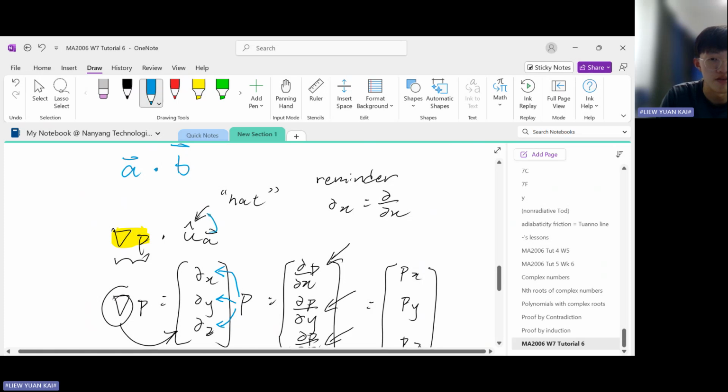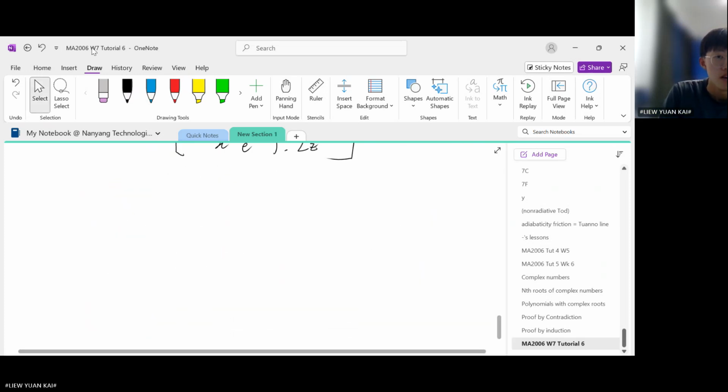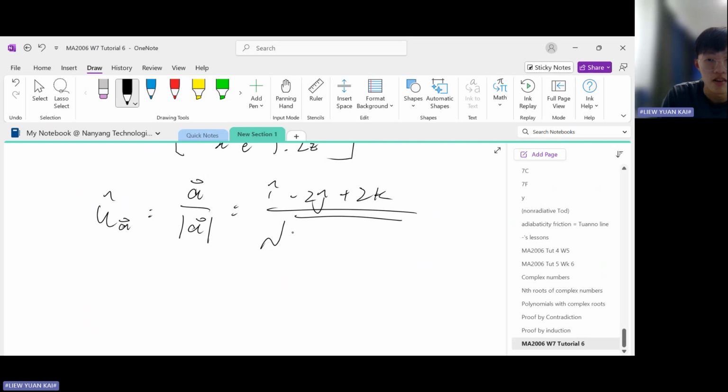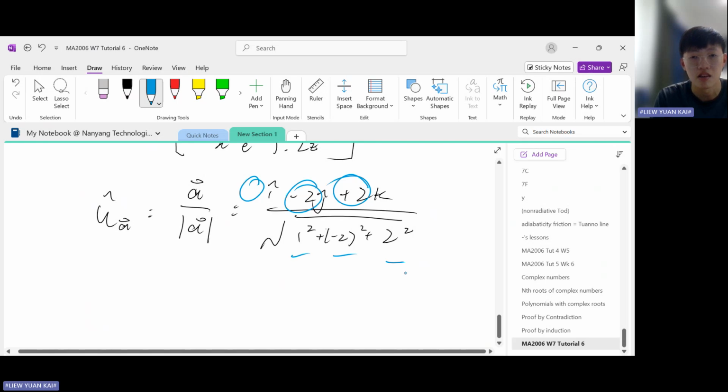Now we need to find the unit vector of A. Remember, the unit vector of A is given by the vector A divided by its own magnitude. The A that we're given is this, it's given in the question. And its magnitude, you just take the square root of A squared plus B squared plus C squared, namely these three entries, which are 1, -2, and 2.